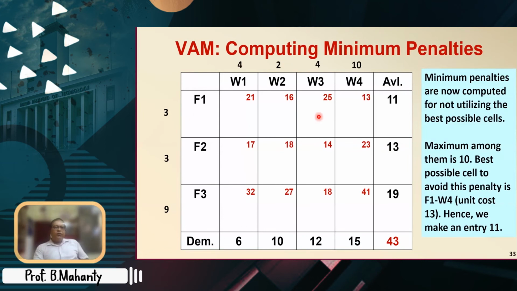This way, if you do not enter, the penalty is 3. This way the penalty is 9. So it is always going to be good if you avoid incurring the maximum of these minimum penalties. So choose the maximum of these minimum penalties and go to that particular square and then make some entry.